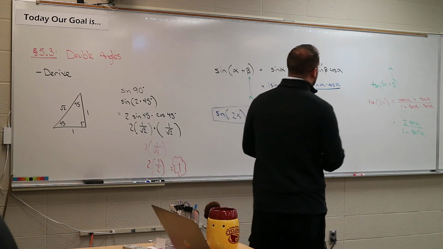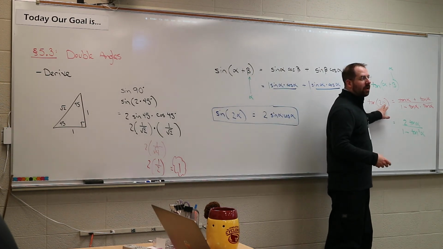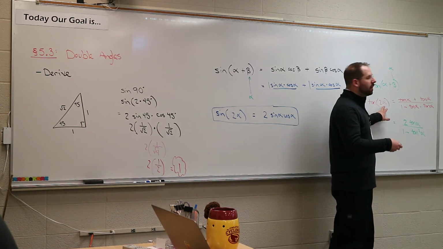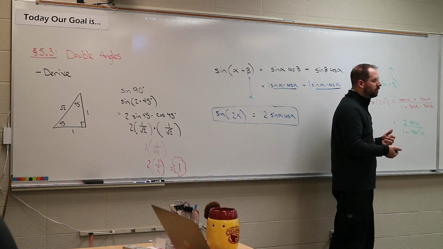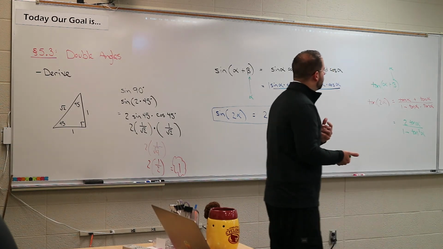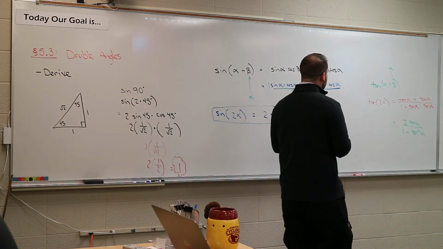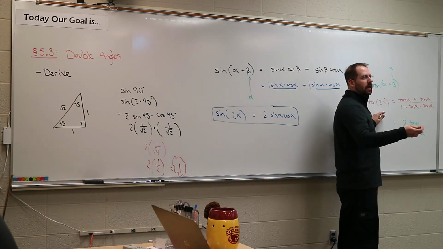Now, again, why can we use this? It could be for any angle that you're doubling to make a larger angle. So let's say, I know this is going to seem a little weird, we could do like a 240-degree angle because you're doubling a 120.